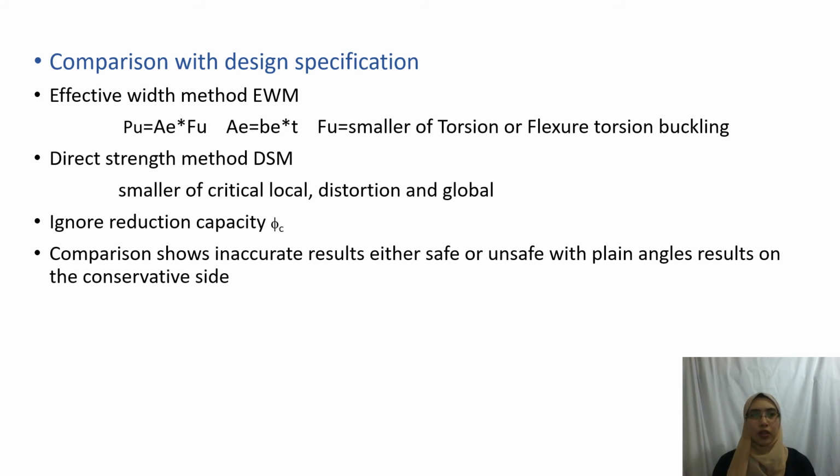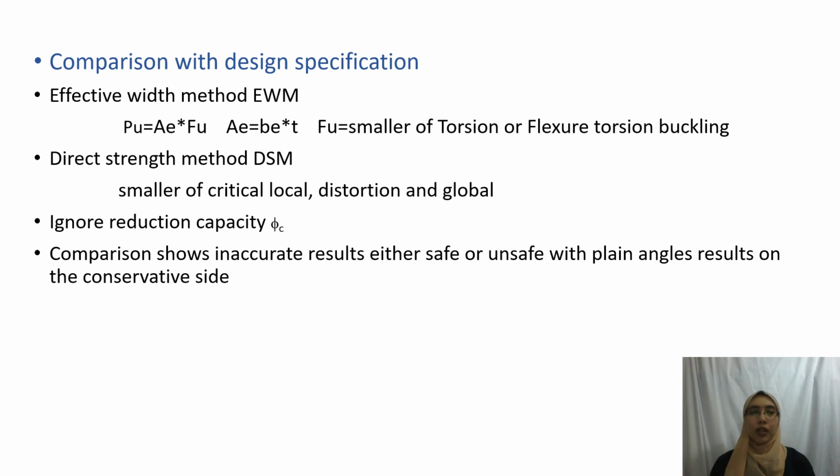The effective width method is a traditional method of designing thin-walled members by redistributing the stress and giving a clear vision of the shift in the neutral axis due to local buckling. The effective width method depends on calculating the effective area.